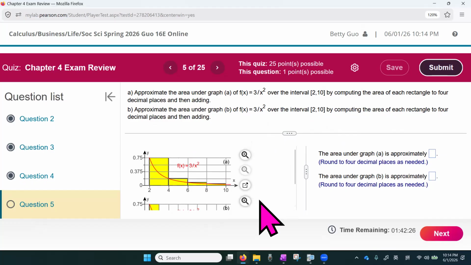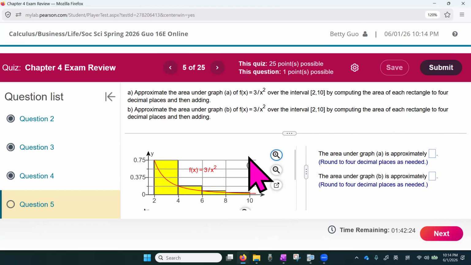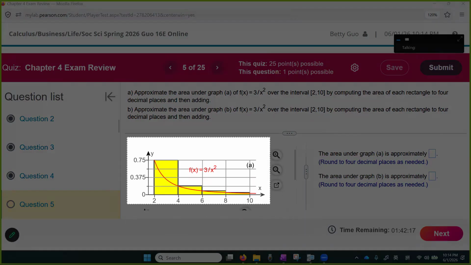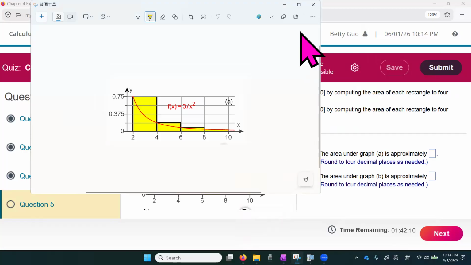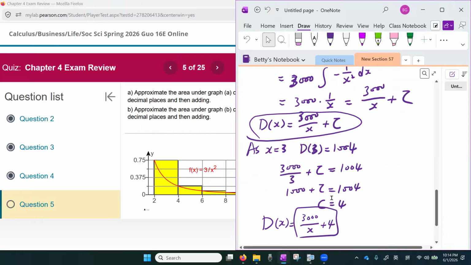So I need to make this bigger. We're going to take time to solve this problem. We're adding the area of the rectangles in a graph.